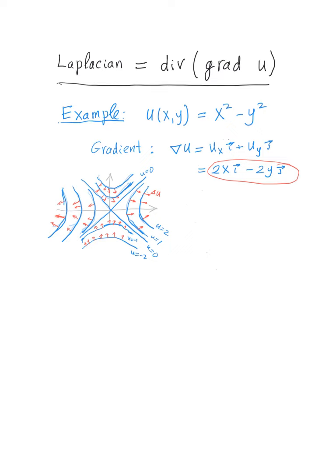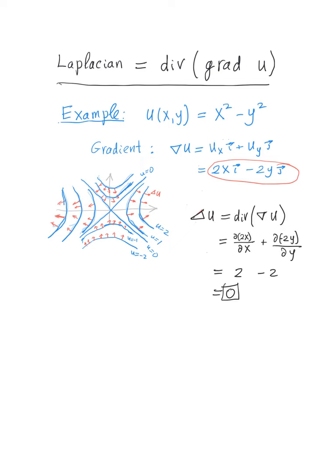And the length of that arrow, which is the absolute value, the length of the gradient vector, represents the directional derivative of u in the direction of the fastest increase of the temperature.